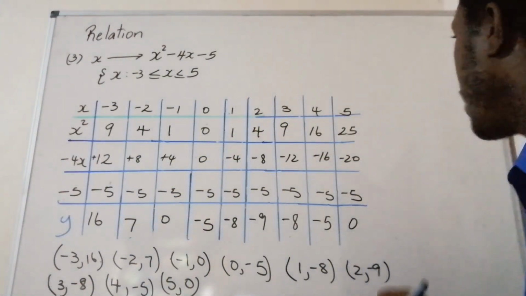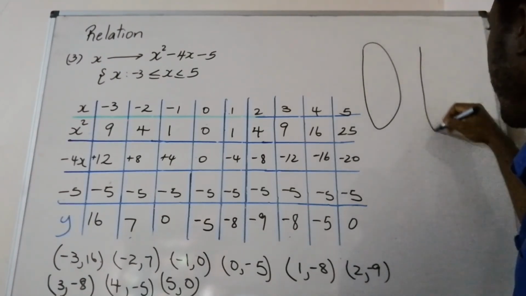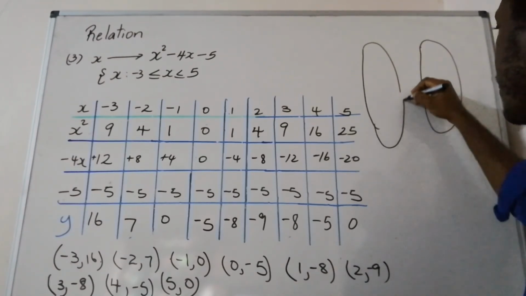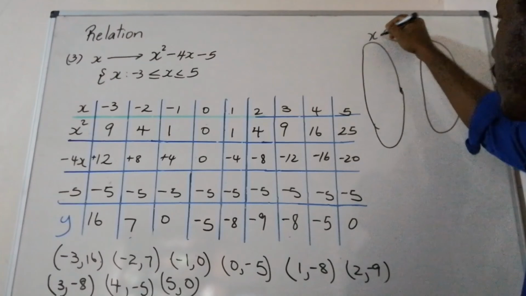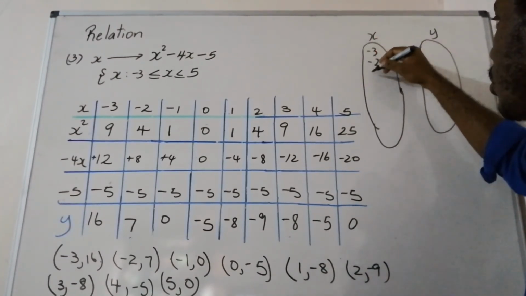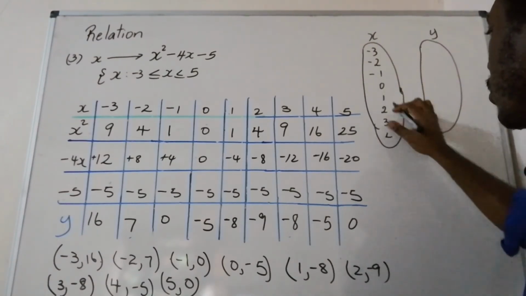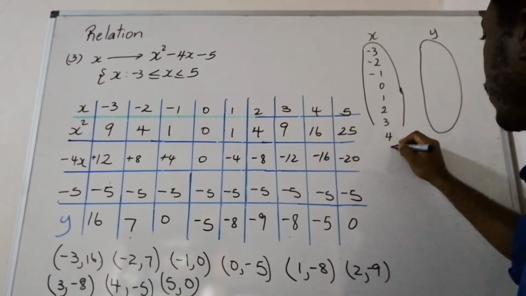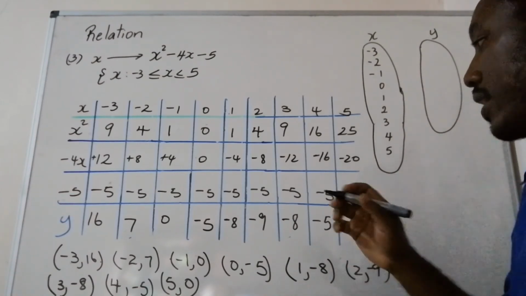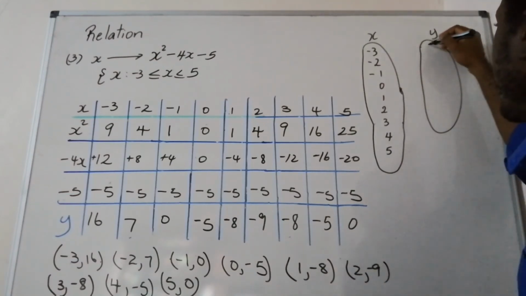Let's now draw our mapping diagram. Remember our x values here, y values here. So we're going from negative 3, negative 2, negative 1, 0, 1, 2, 3, 4, 1 more, 5. So this represents our x values. So let's start mapping our ordered pairs. Negative 3, 16.